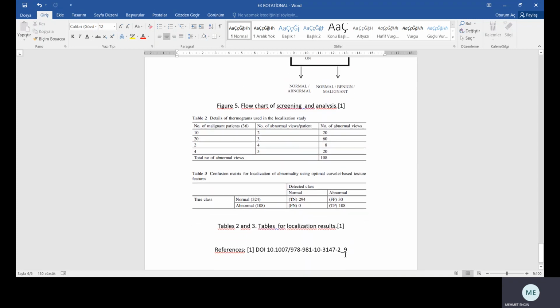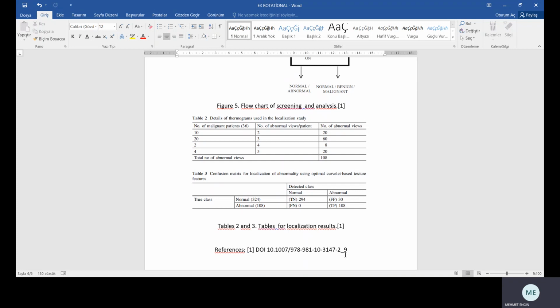Now, results of the localization studies. The study includes rotational series of thermograms of 36 malignant patients, 12 thermograms per patient. A report indicating hyperthermal views, as interpreted from the thermograms, is made available for each subject.